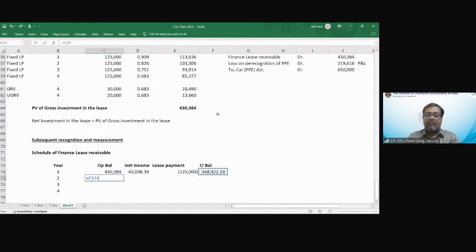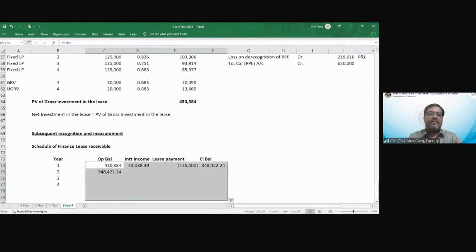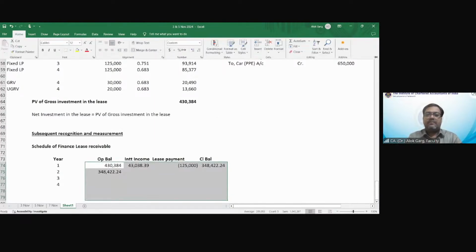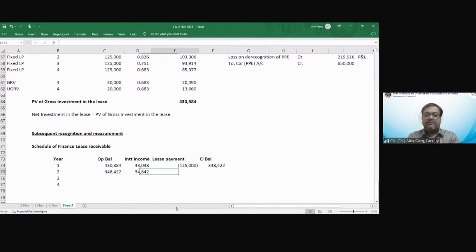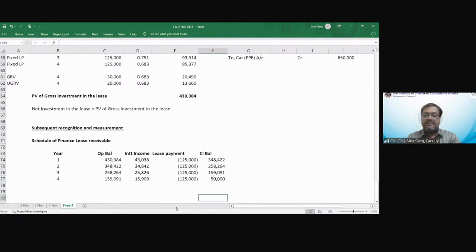This will become my opening balance. Lease payment 125, closing balance this one. Opening balance, interest income, lease payment, closing balance.